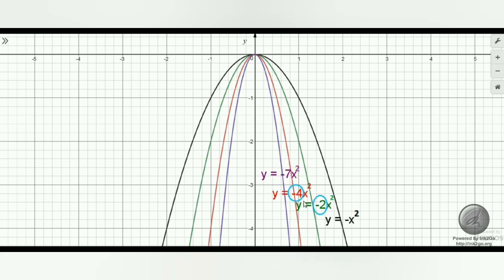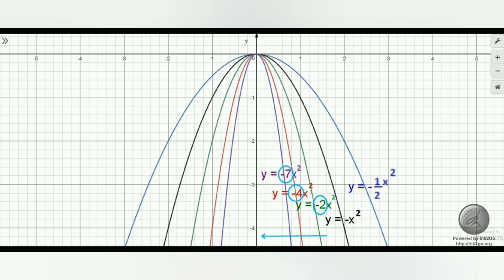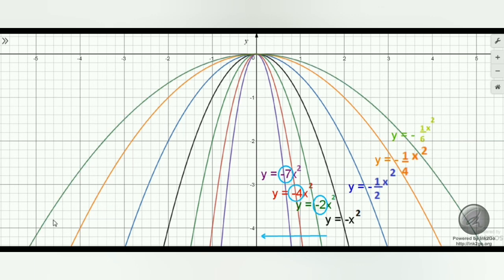You can see here also the graphs are getting skinnier with the coefficients. Now let's see some fractional value coefficients of x squared. Here also you can see the graphs are getting wider with the different coefficients.